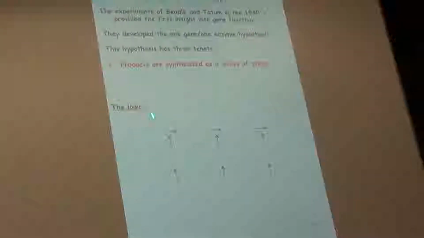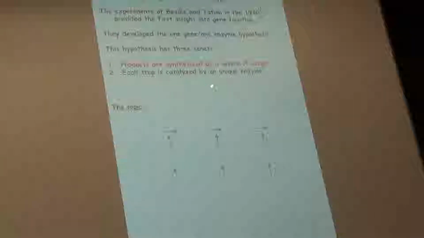And the hypothesis had three specific points. The first, products are synthesized as a series of steps, and that was known from the biochemistry. So you had a specific product, and there were intermediate steps, and then there was a substrate. So from substrate to intermediate to product. Each step is catalyzed by a unique enzyme.